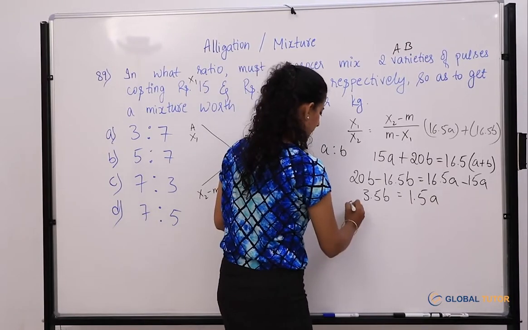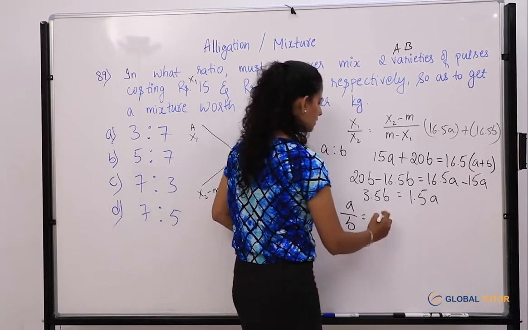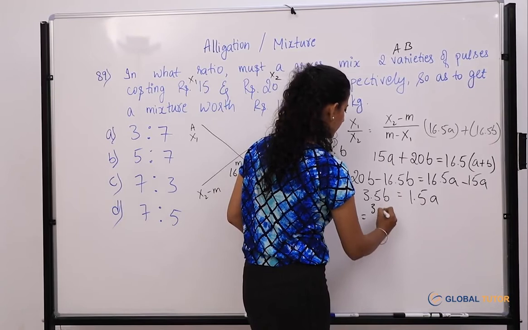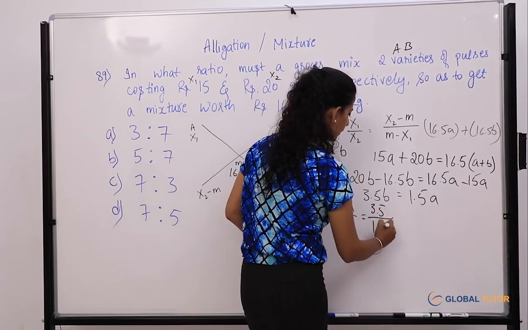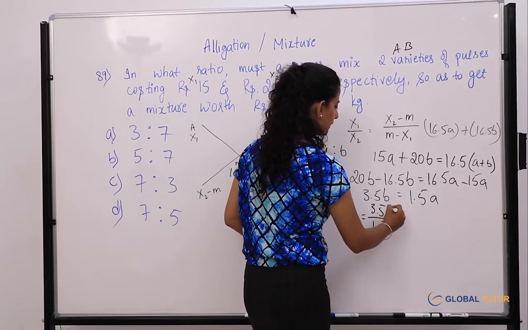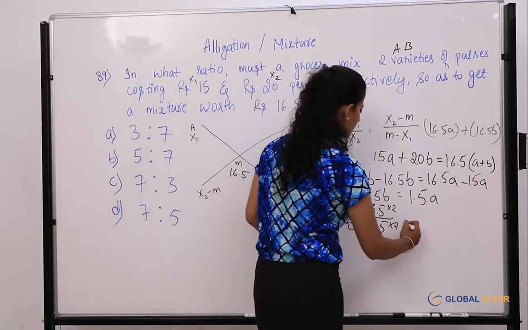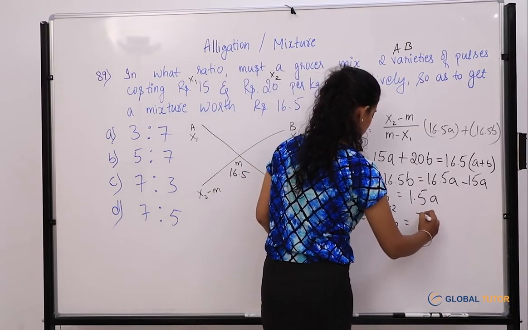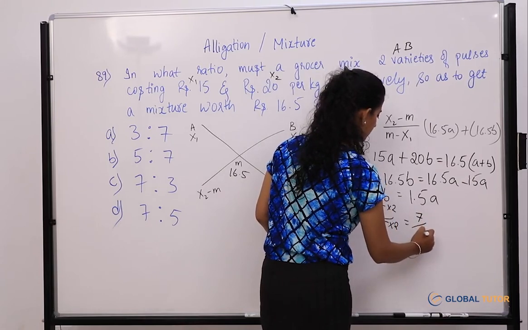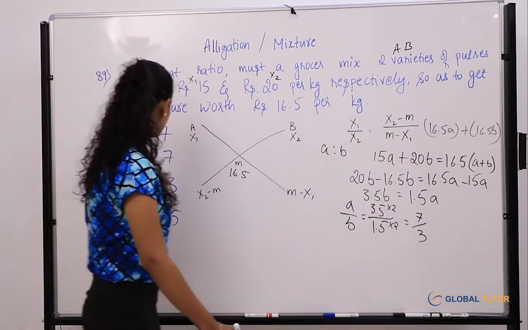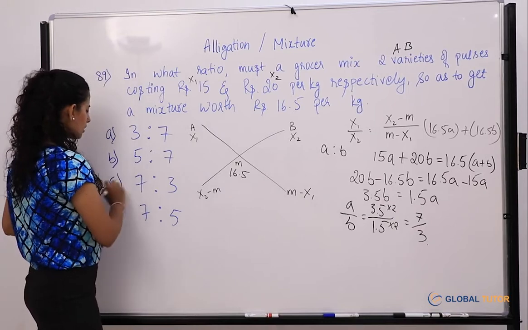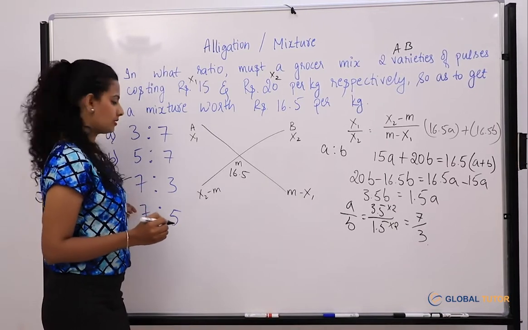So, what is A by B here? It will be 3.5 by 1.5. So, multiply both numerator and denominator by 2, you will get 7 by 3. So, the ratio will be 7:3. Option C is the right answer.